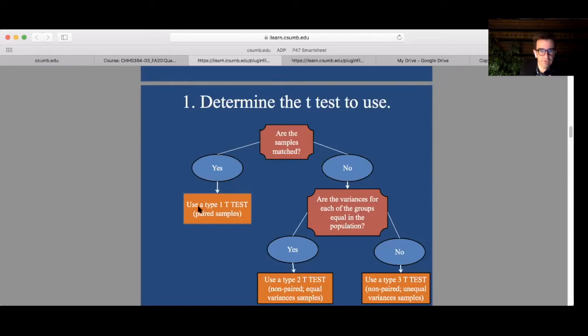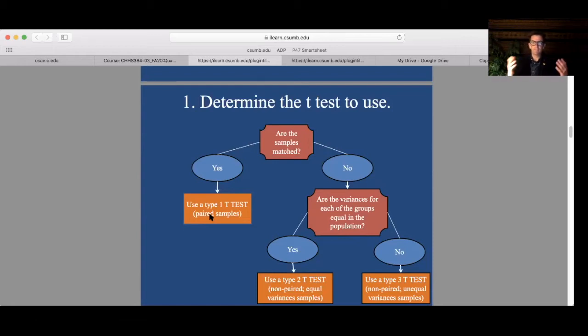If you look at these orange boxes, the type 1 t-test is when you have two averages, and these averages are for the same individuals or matched samples, right? If the sample for one group is matched, you can match each observation of the two samples. The most obvious example for this is the pre and post test, right?